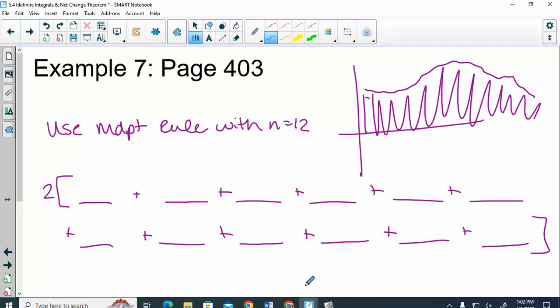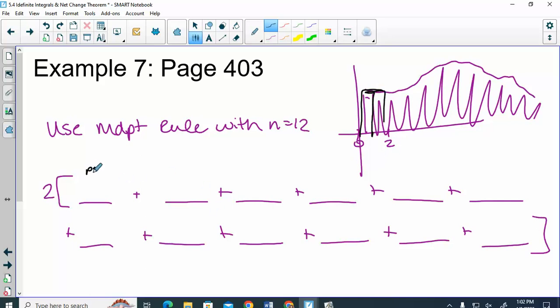Okay, so to do that, we're going to use this graph. The first one would go from 0 to 2. But if you're using the midpoint, where in that interval are you looking? The rectangle will go from 0 to 2, but we're going to estimate it based off the midpoint, so we're going to look at 1.